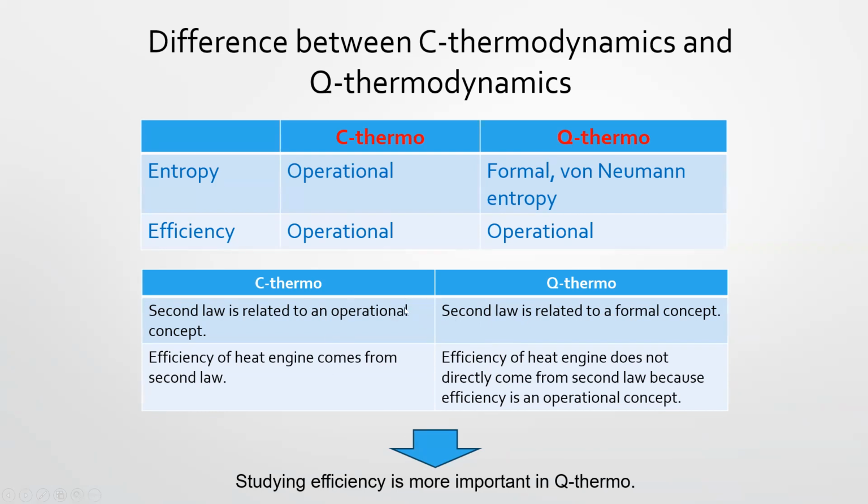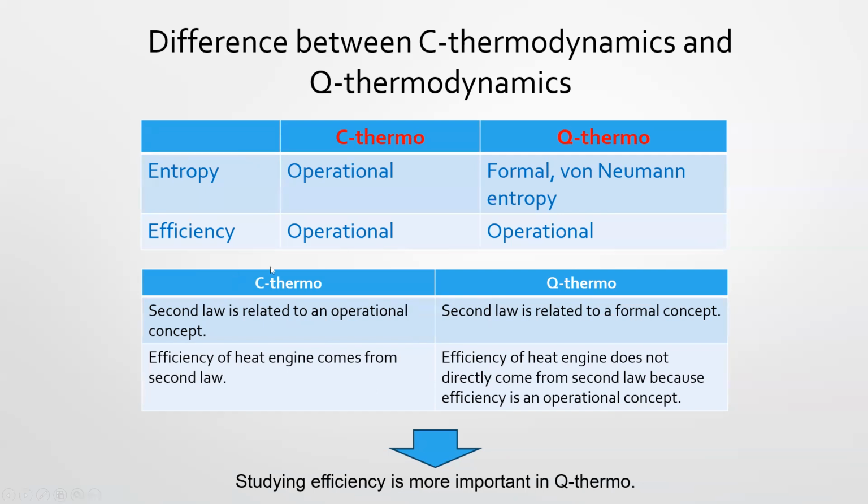Many people prove the second law in quantum thermodynamics, and those people implicitly consider that it has the same meaning as the second law in the classical case. But the meaning of the second law in quantum thermodynamics is different from the second law in classical thermodynamics.